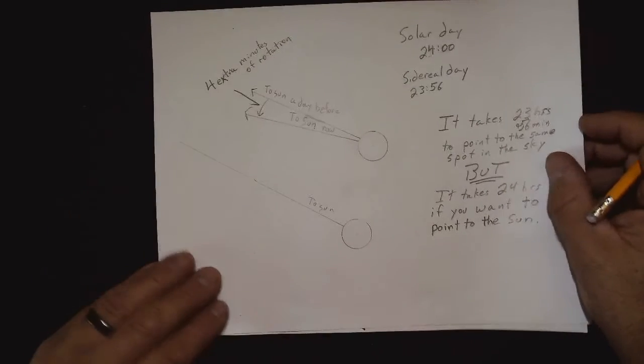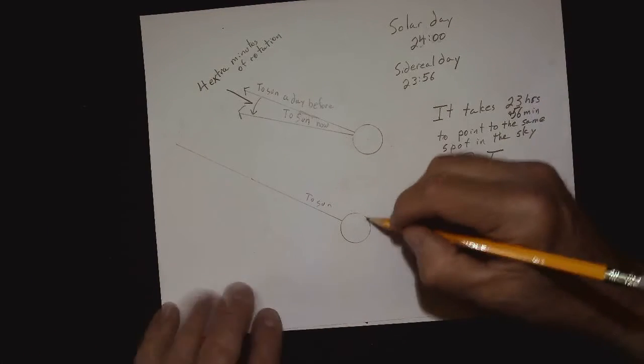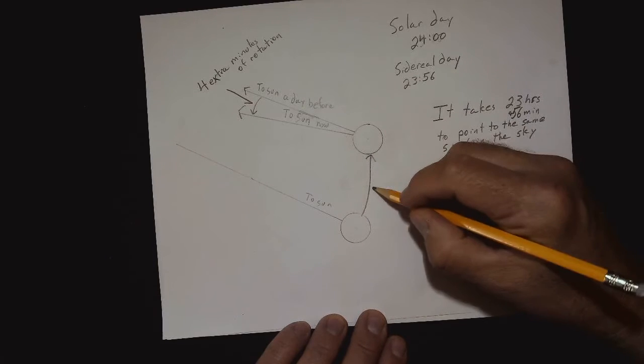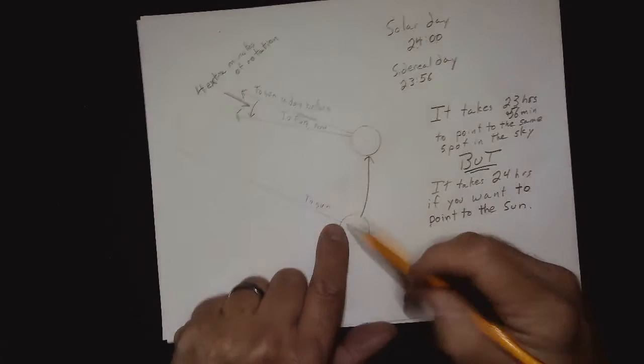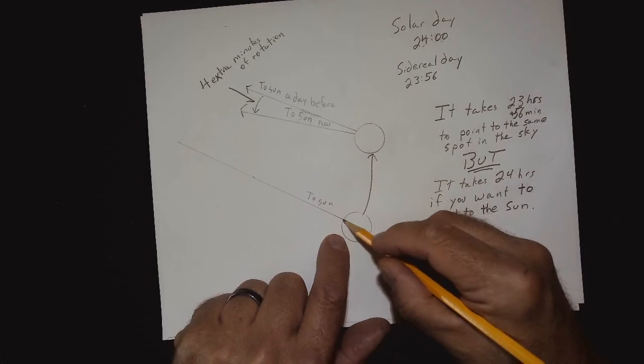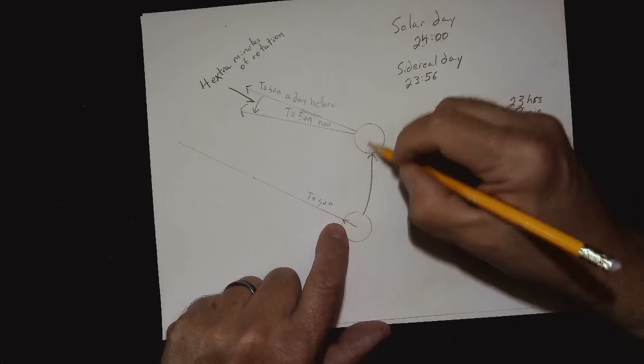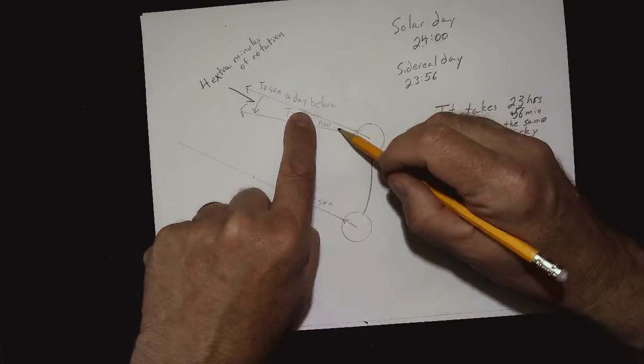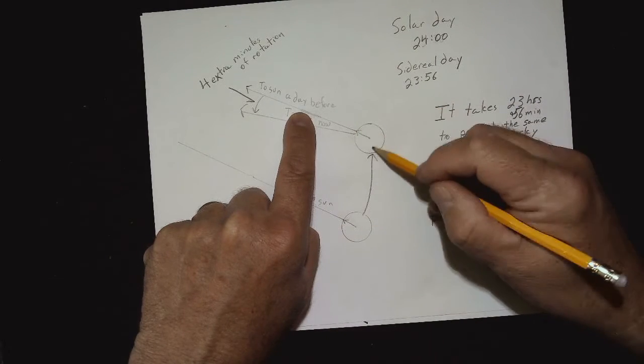The other thing worth pointing out too, as we're moving, if this is 1 day in our orbit around the sun, this is the next day, if we were pointing directly at the sun here, if we're pointing at the same spot in the sky, we're no longer pointing at the sun because of our orbit around the sun.